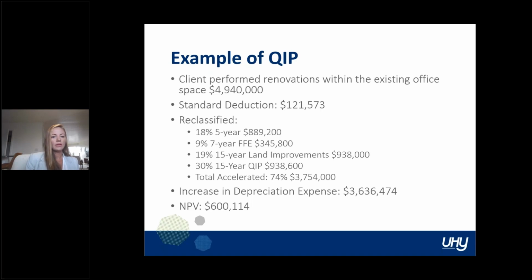And reclassifying 74% of a depreciable basis is a huge amount. So we accelerated 3.75 million, and our increase in depreciation expense was 3.63 million. And the net present value of the study for that over the life of the project was 600,114.